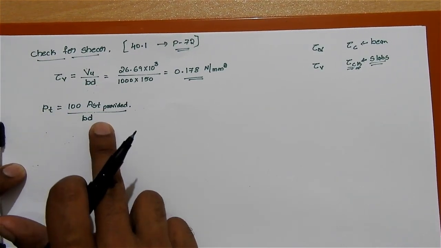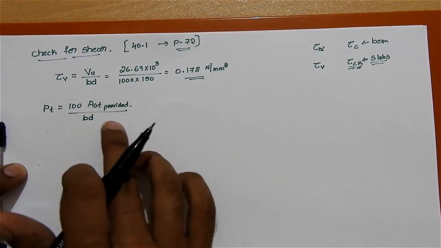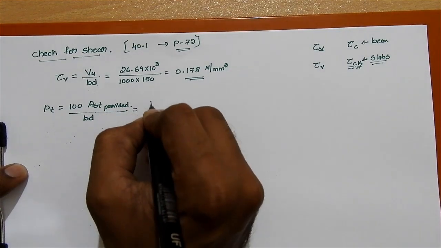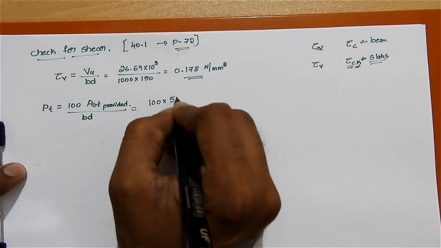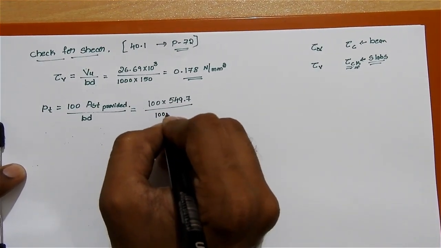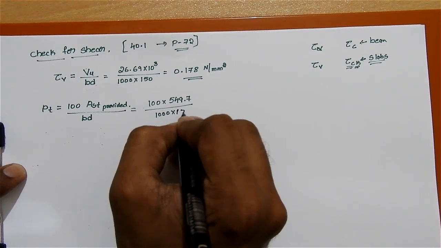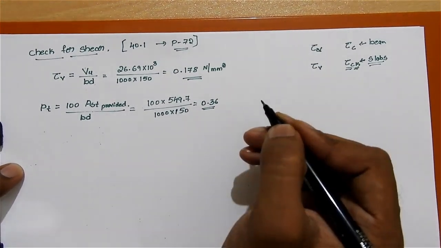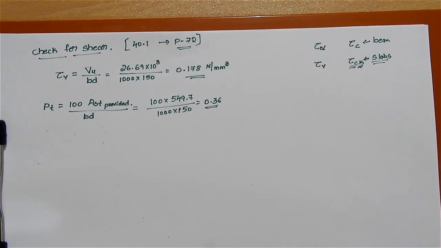We are not calculating required steel, we are calculating for provided. Therefore, substitute 100 into Ast provided, 549.7, divided by b into d, 1000 into 150. You will get 0.36% of steel.